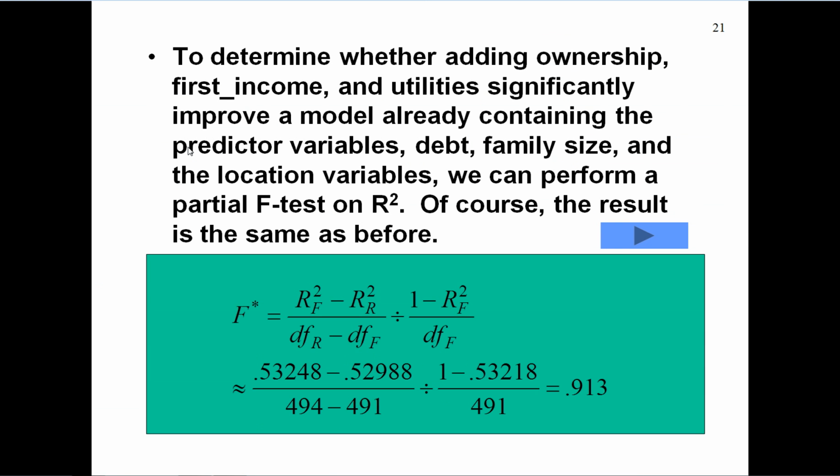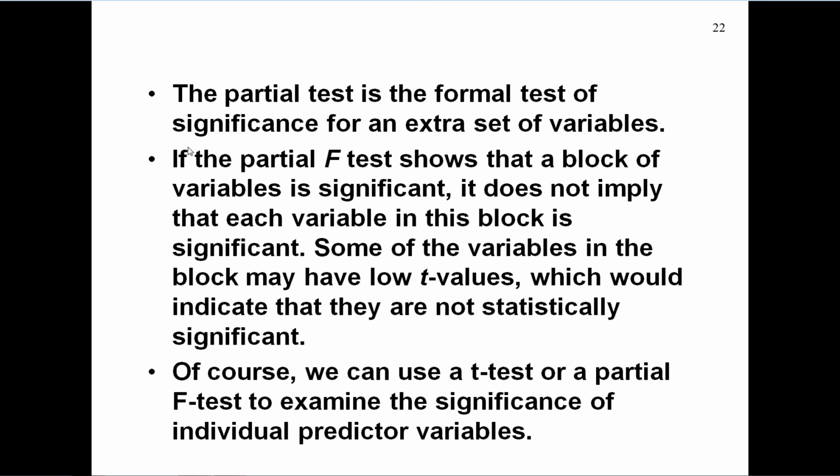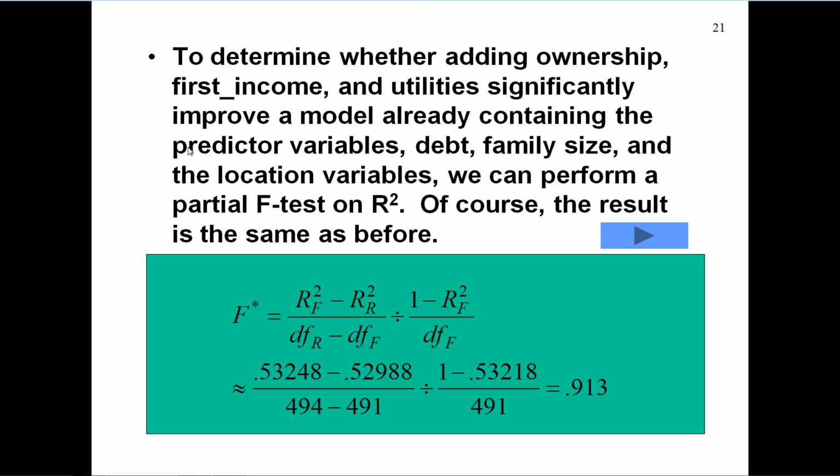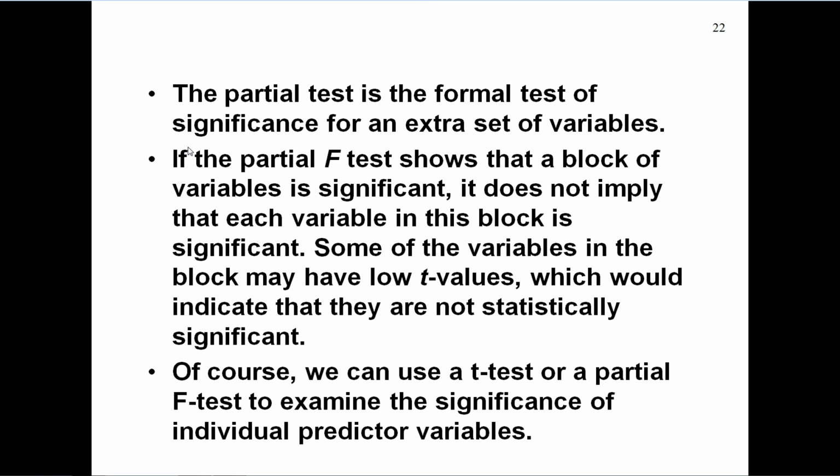And lo and behold, when we take the difference between the R squares associated with the full model and the reduced model and put them into our partial F test, we get that value of 0.913, which is the test statistic value that we got using the sums of squares error approach. And again, we will test that against the critical value, or we can compute the p-value associated with the test in the same way that we did previously.